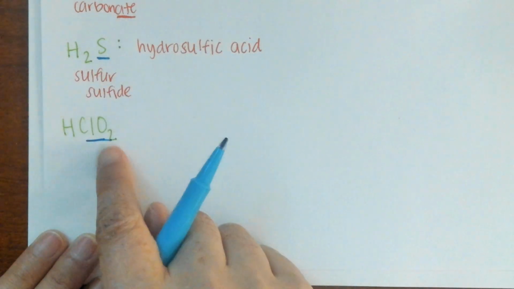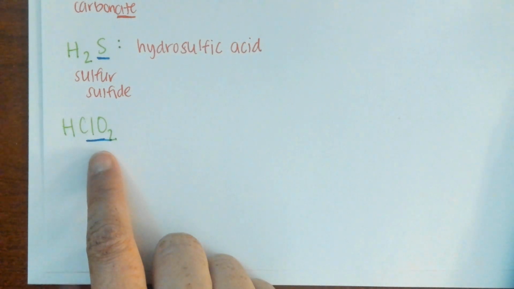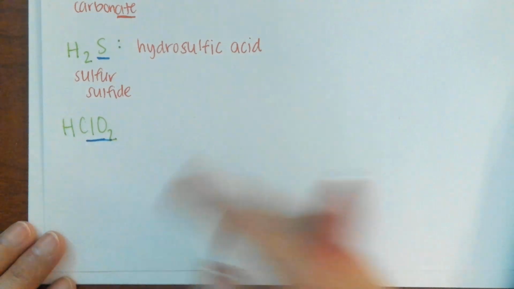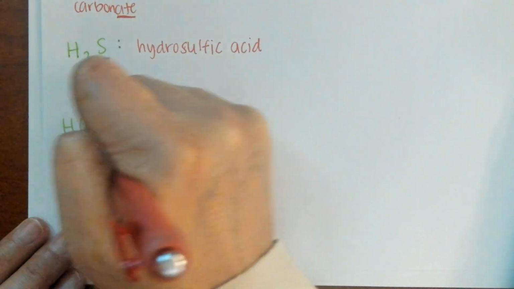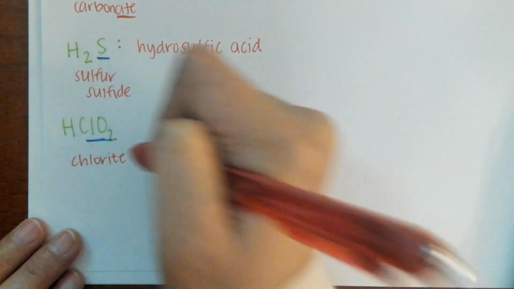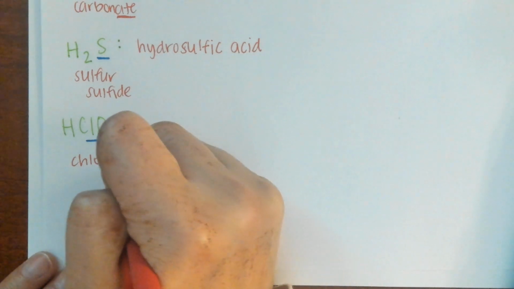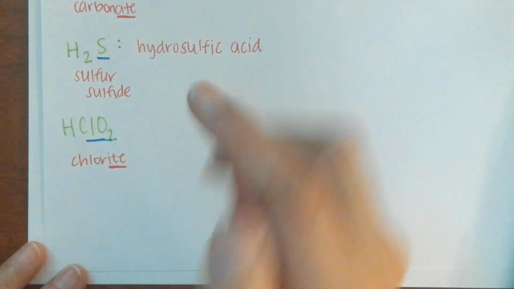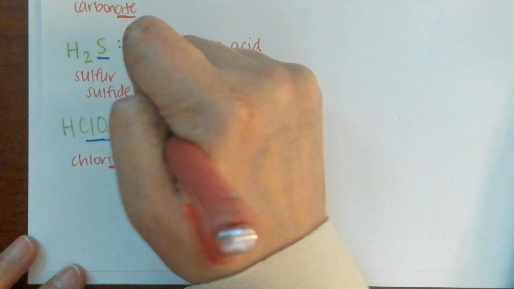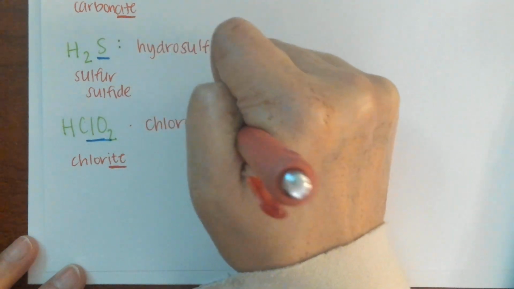So ClO2, and you know there's an oxygen there, so this is from the special list. So again, if you look through your special list, you should know that ClO2 is chlorite. Alright, so there is no hydro at the beginning, but then you look at, okay, ite, Sprite is delicious, so it'd be chlorous acid.